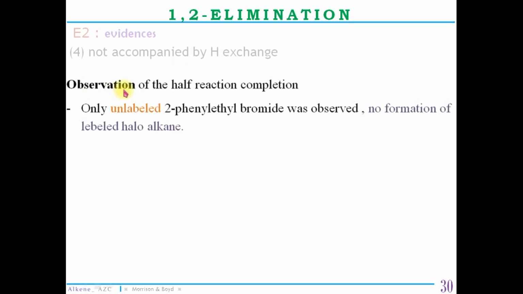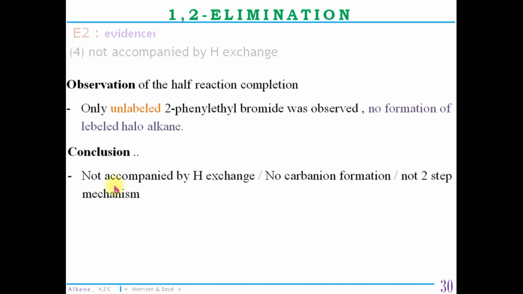Now, at half reaction completion, only unlabeled 2-phenyl ethyl bromide was observed. There is no formation of labeled haloalkane. That means the reaction is not accompanied by hydrogen exchange, there is no formation of carbanion, and therefore this E2 is not a two-step mechanism.